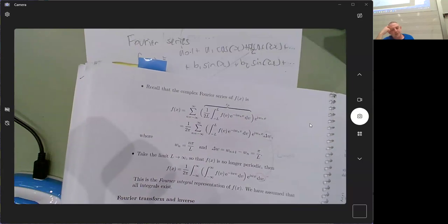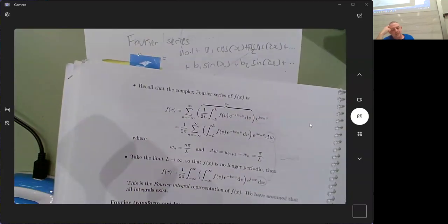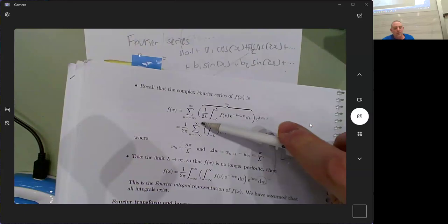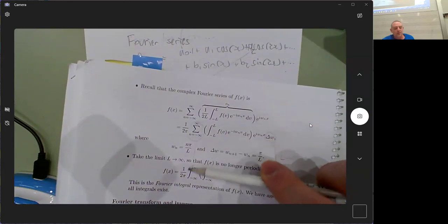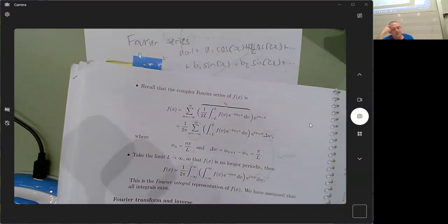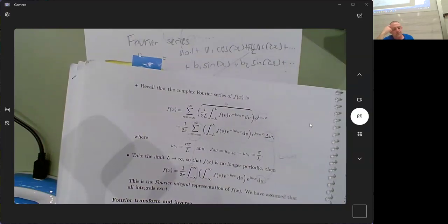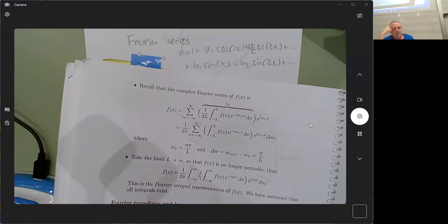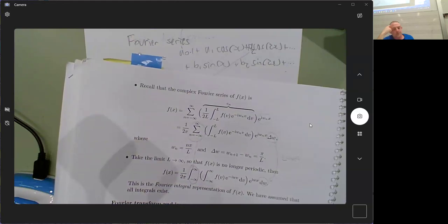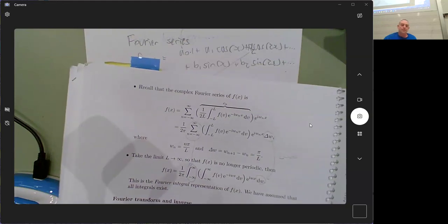Okay. And when L goes to infinity, a sum becomes an integral. But my problem was that the sum was referring to n, not L. So how come L going to infinity affects the sum?